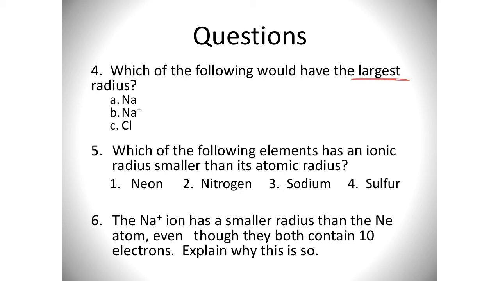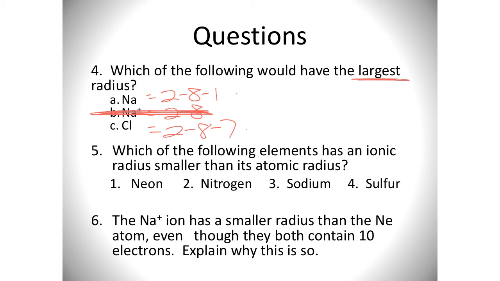All right, again, we're looking for the largest radius. So we have the sodium atom, and we could actually look up that radius on Table S. We have the sodium ion, which would only have 2 electron shells because it would have lost an electron. And we have chlorine, 2-8-7. Okay, so we cross off the sodium ion. That only has 2 electron shells, so that would be the smallest. Sodium and chlorine both have 3 electron shells.